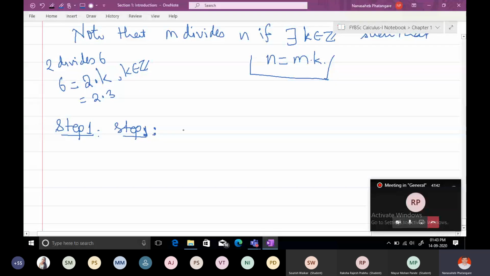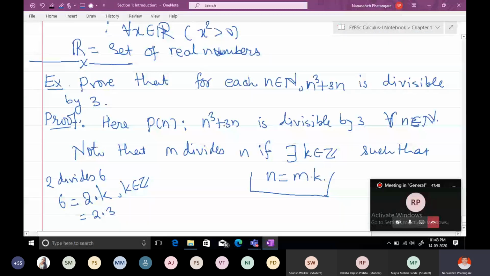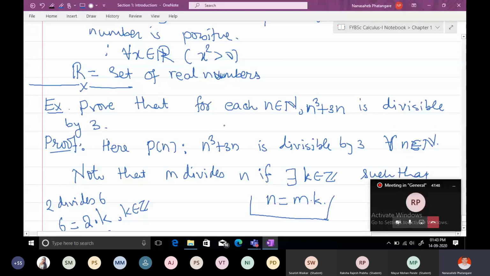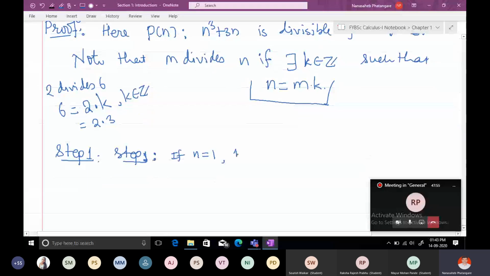If n is equal to 1, then what is our left hand side? n cube plus 3n. But our n is a particular number, 1. So 1 cube plus 3 times 1.